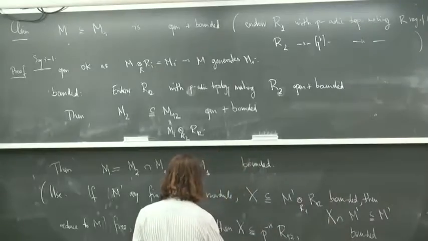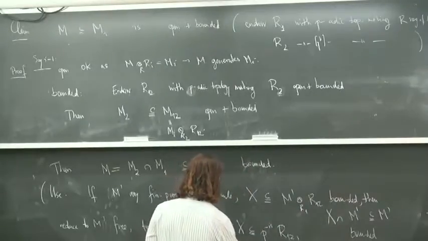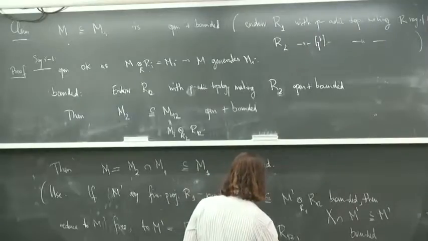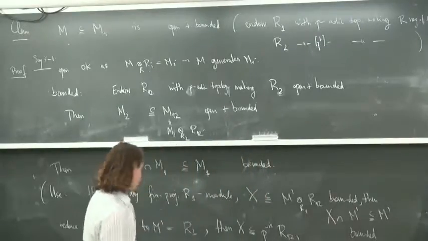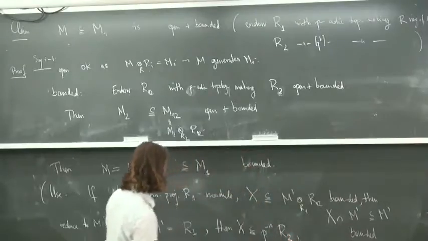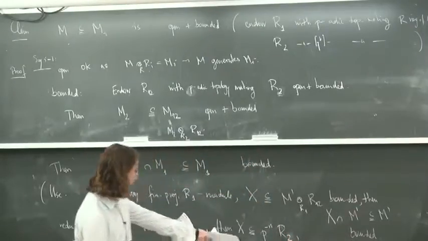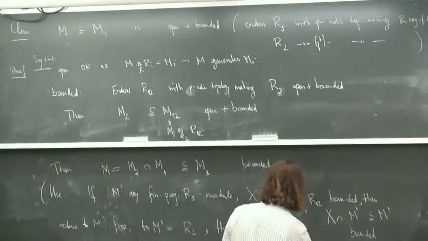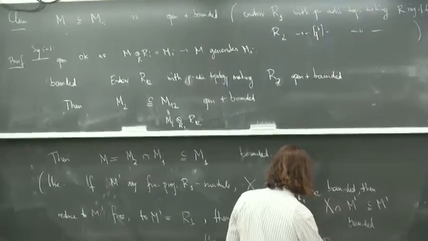And then X intersected with R1 is contained in p to the minus n R2. And then if you intersect R1 with R2, we said we get R, so if you intersect X with R1 here, I get p to the minus n R. And R is bounded.